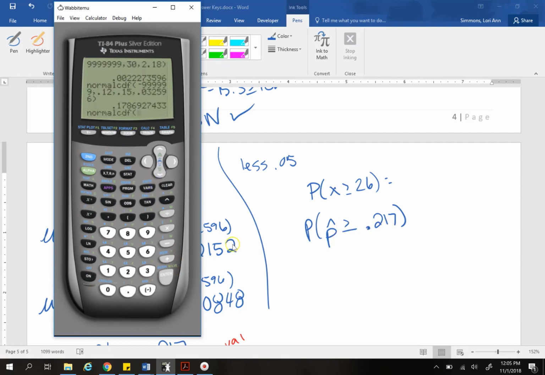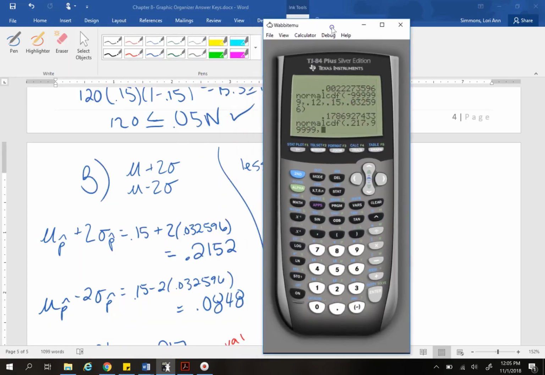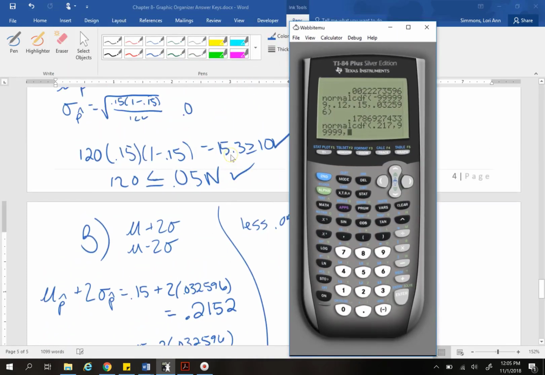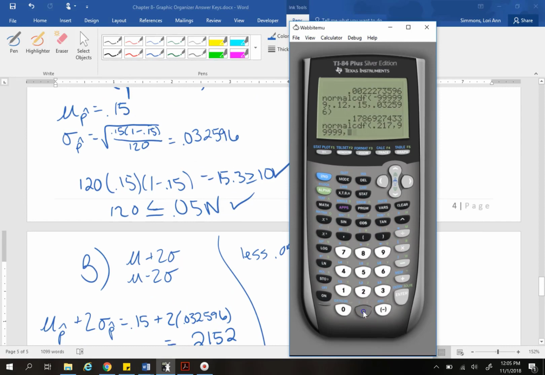So we're greater than, so our lower bound is 0.217, upper bound 9999. Mean was 0.15. And then standard deviation.